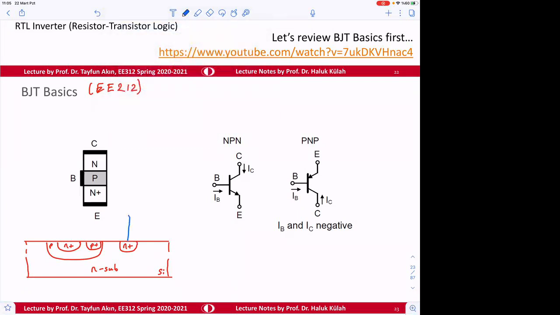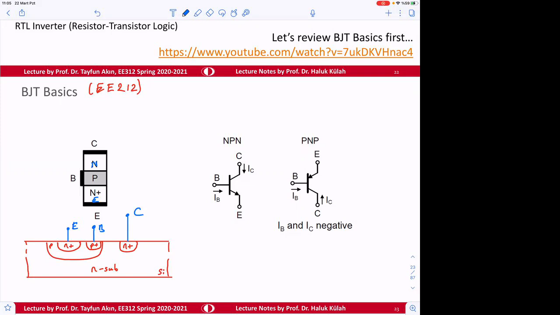Now this is the schematic view. This will be called the collector because it's low doped. This is going to be the base, and this is going to be highly doped. So this is going to be the emitter. So highly doped, emitter, and then base, and then the collector.